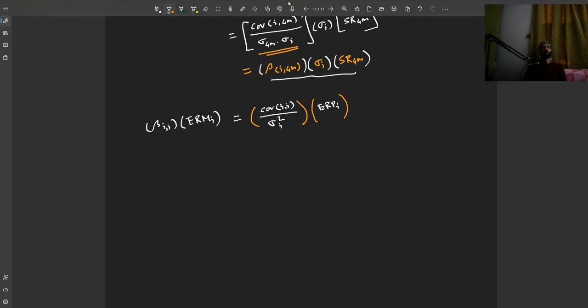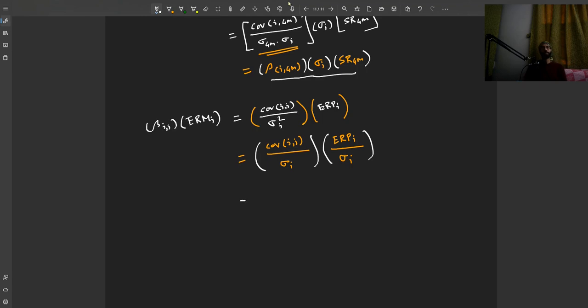Now this can be rewritten, friends. This can be rewritten as covariance of I with respect to I divided by standard deviation of I, and the second expression becomes equity risk premium of the segmented market I divided by standard deviation of I. Right? We have just taken the square root and put it on both sides, bifurcated it into both sides.